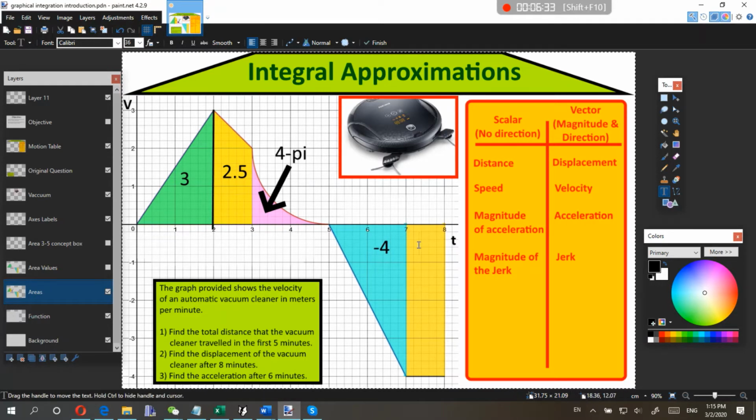And this area in yellow? -4. -4 again. Any questions on how we got the areas? The pink one's kind of the only weird one here, I think.